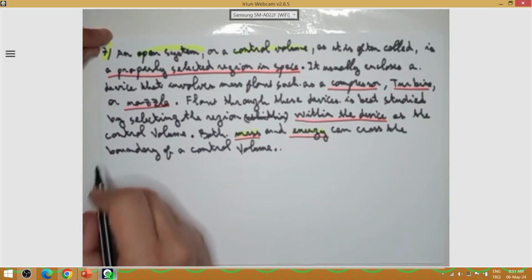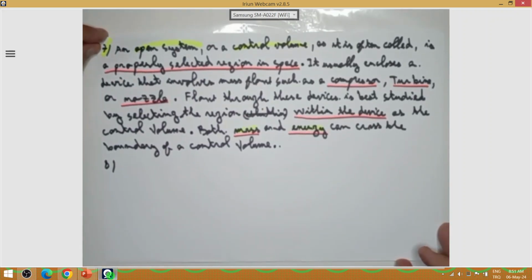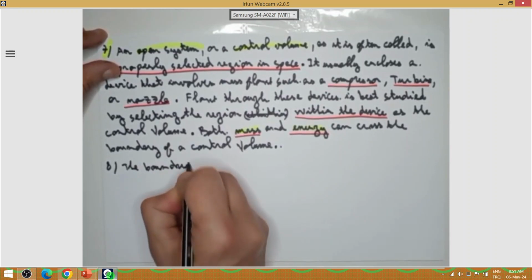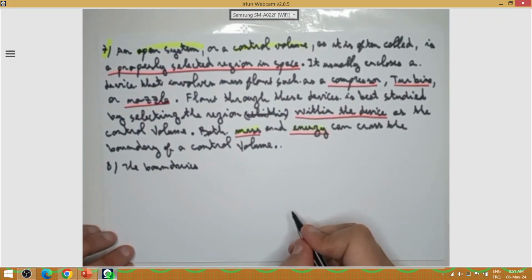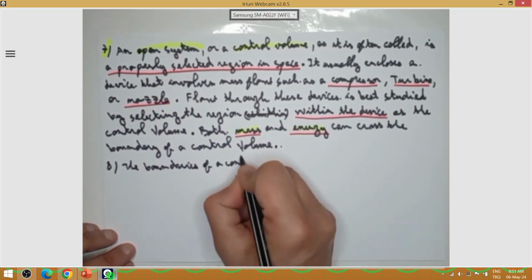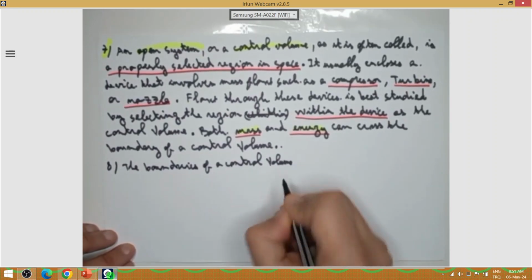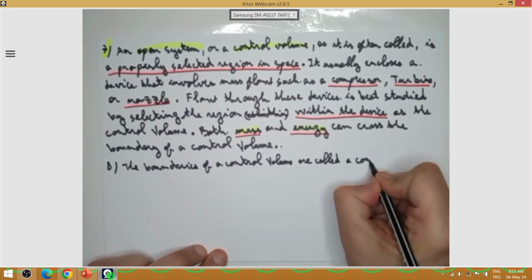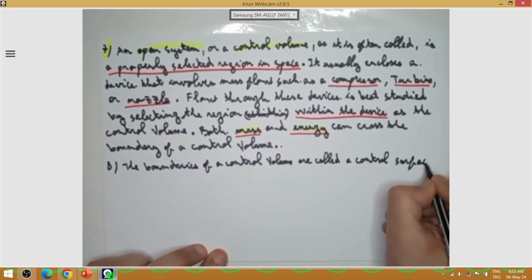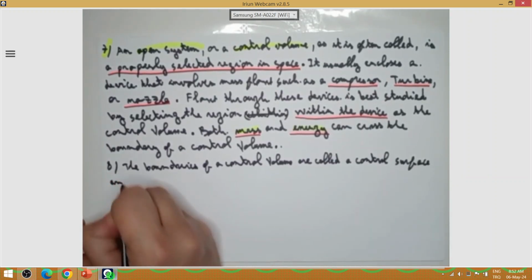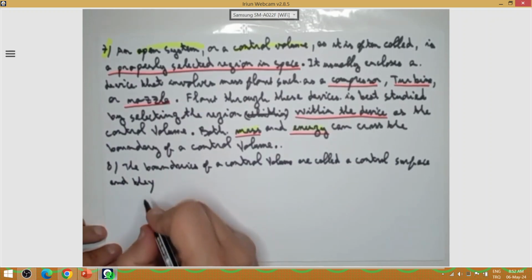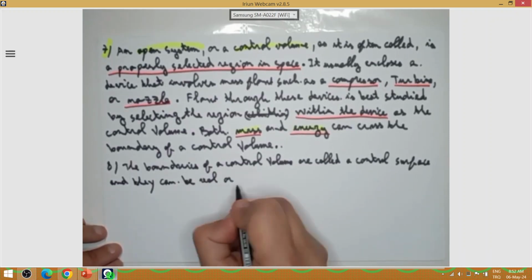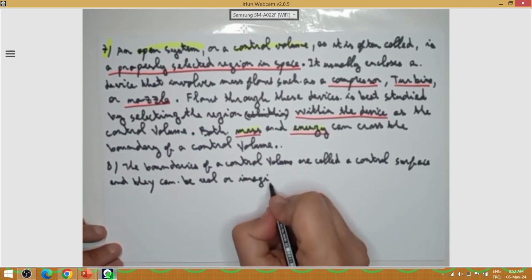So let's move to note 8. Note 8 says that the boundaries of a control volume are called a control surface, and they can be real or imaginary.